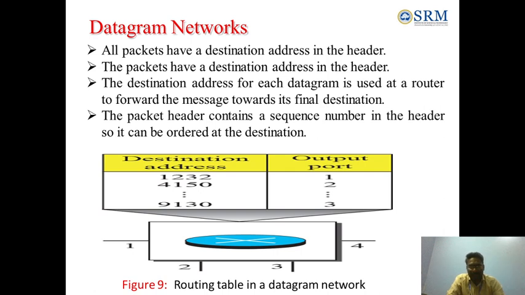This diagram represents the destination address and the output port, and how routing is obtained. The sender is 1 and the receiver is 4.